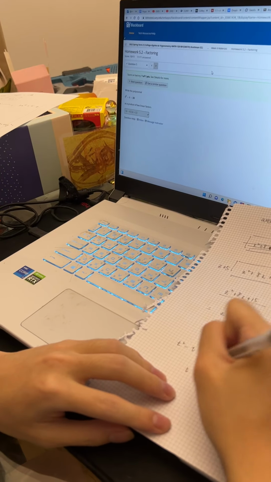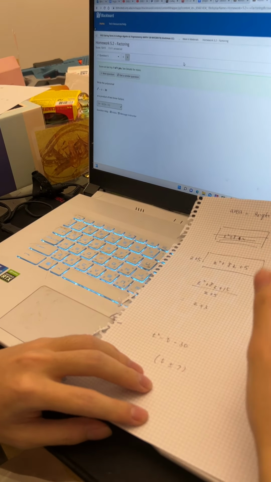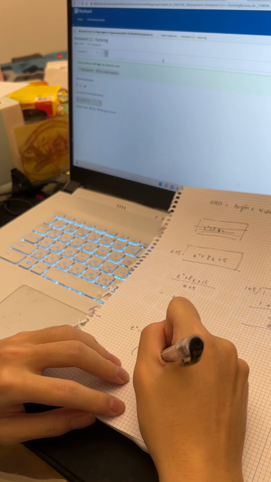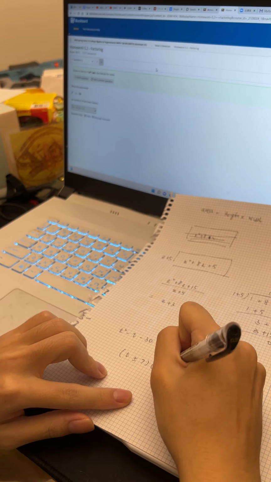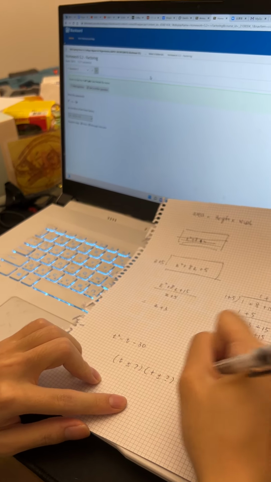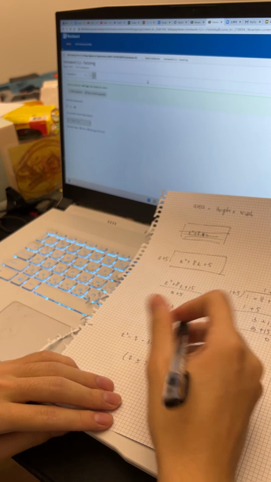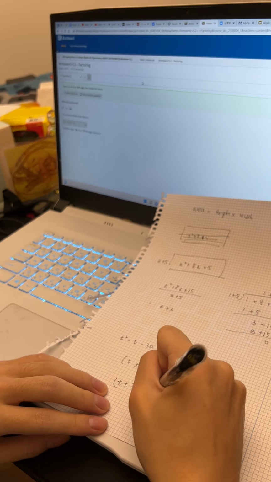So we know that it will be t plus or minus some number times t plus or minus some number equals 0, and therefore t plus or minus some number will equal 0.